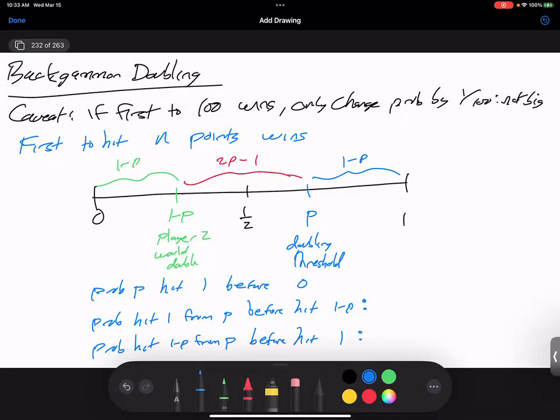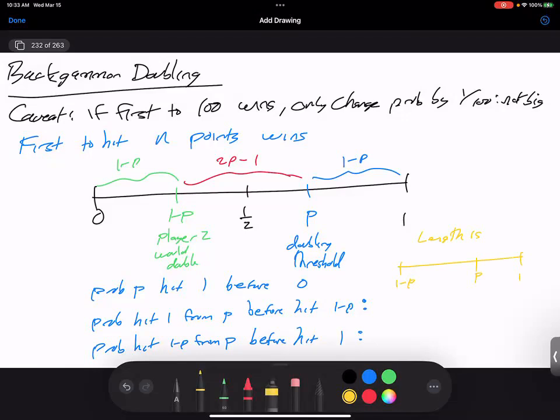P over 1 minus P. Why p over 1 minus p? So if you want, think of it this way. We have an interval now. Here's 1 minus p. Here's p. Here's 1. What's the length of this interval?